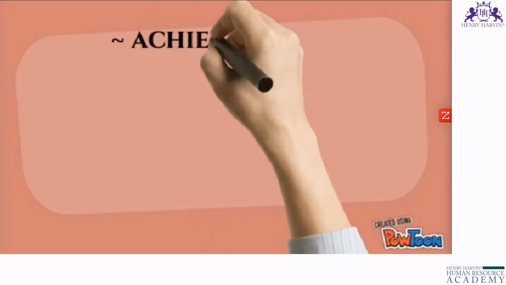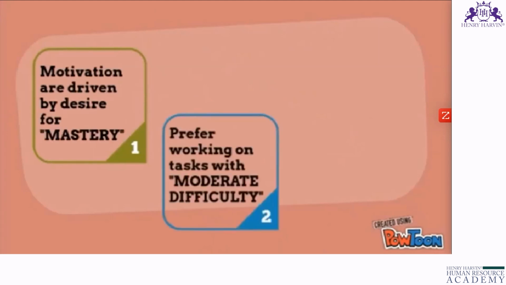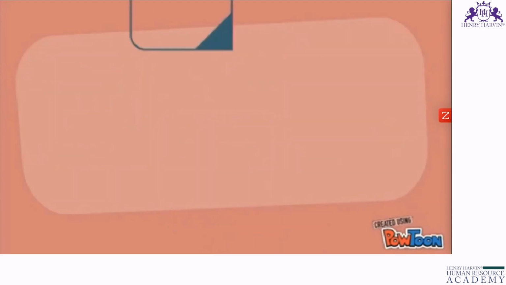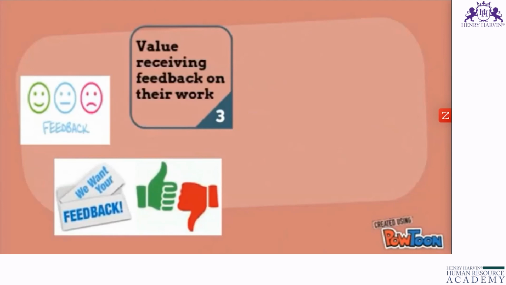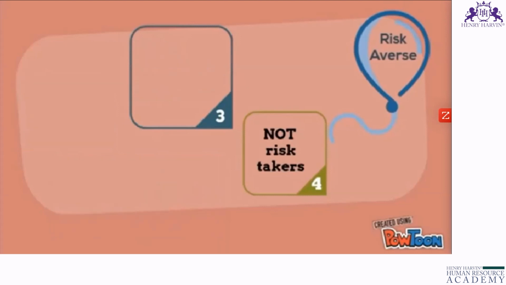Under achievement, people who are strongly achievement motivated are driven by the desire for mastery. They prefer working on tasks of moderate difficulty in which outcomes are the result of their effort rather than of luck. They value receiving feedback on their work. They are not risk takers, preferring to work on a project with a 50-50 chance of success that requires their skills.